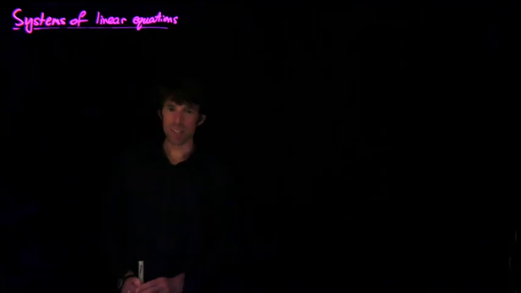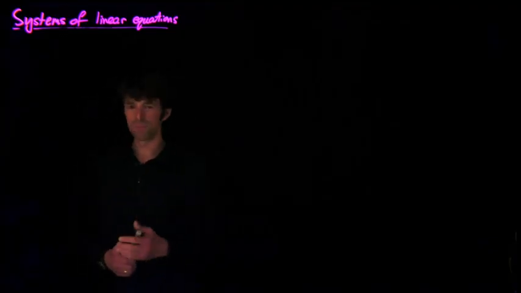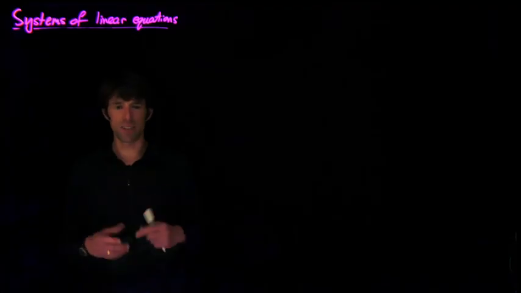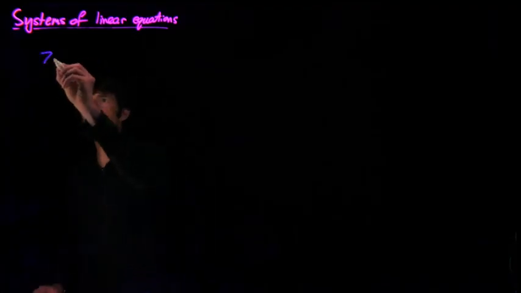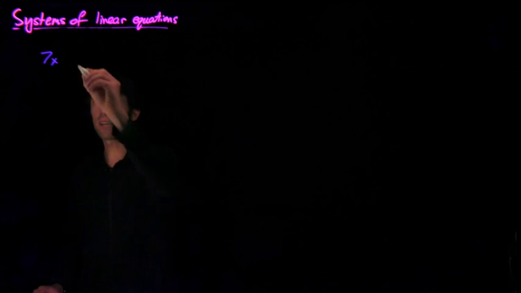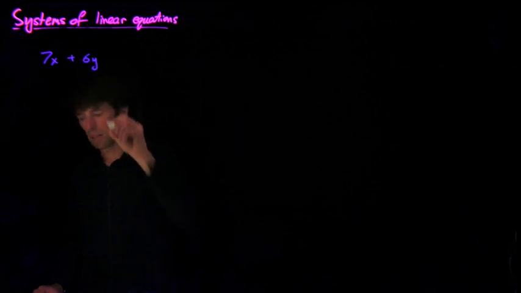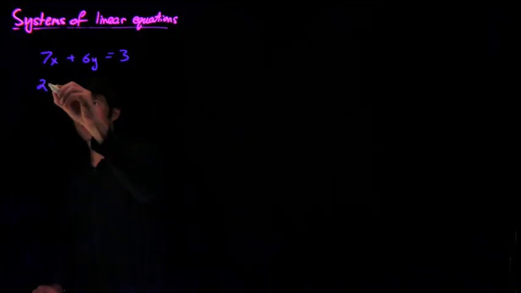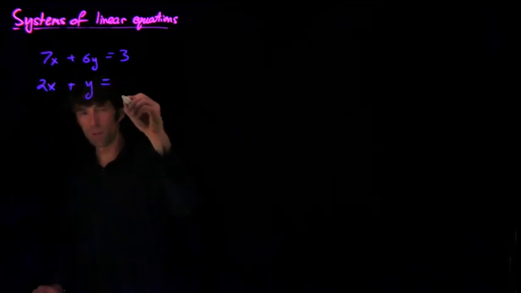Hello everyone. Welcome to this video where we're going to look at something much more pedestrian now. We're going to look at solving systems of linear equations. So this is coming way back down to earth. Instead of talking about abstract stuff like rank-nullity, let's suppose we're in a situation where we've got some system of equations, like say 7x + 6y = 3, and 2x + y = 1.